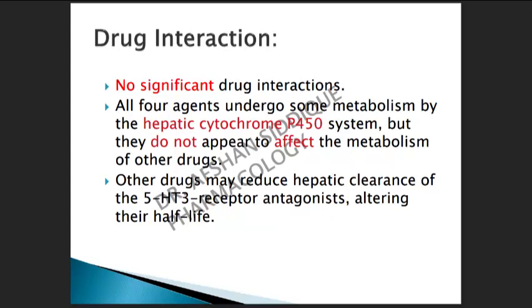Maybe the isoenzyme in the cytochrome P450 system used by the 5-HT receptor blocker is a different kind as compared to others. But keep in mind those medications which are either inducing the activity of the cytochrome P450 system or decreasing the activity of the cytochrome P450 enzyme system, they can interfere in the metabolism.